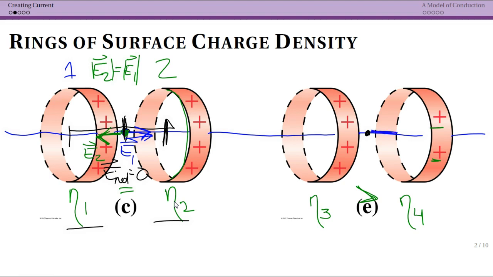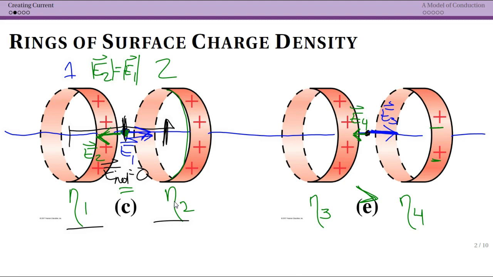When I think about my electric field, I again have a field in this direction from 3, pointing to the right. We're right on the axis. But then the field that 4 is creating is going to be smaller. Why is it smaller? Well, the surface charge is less.